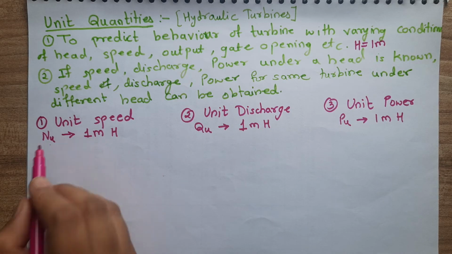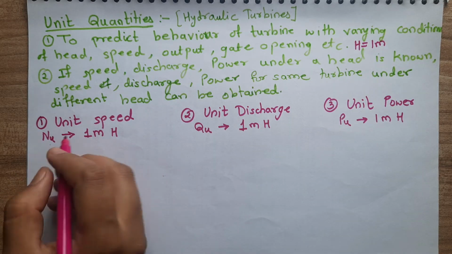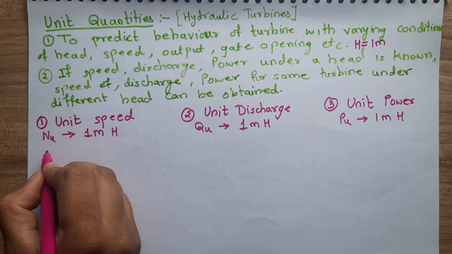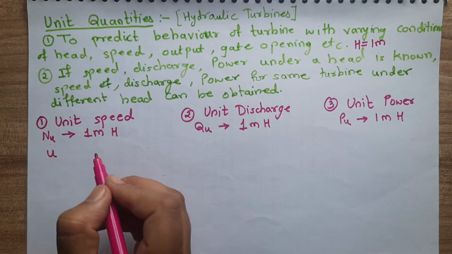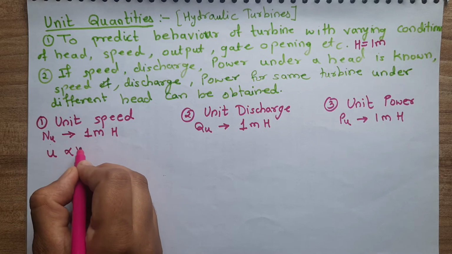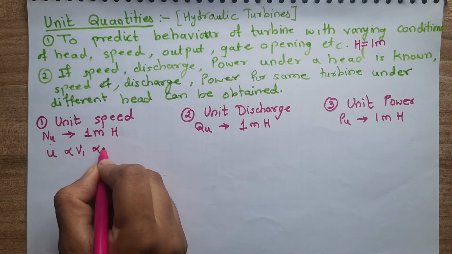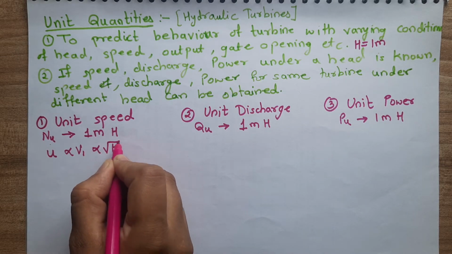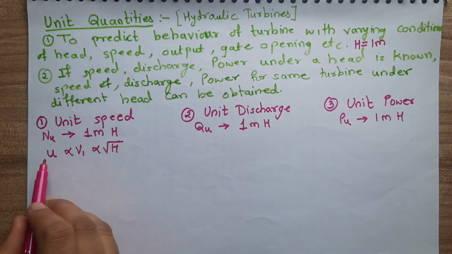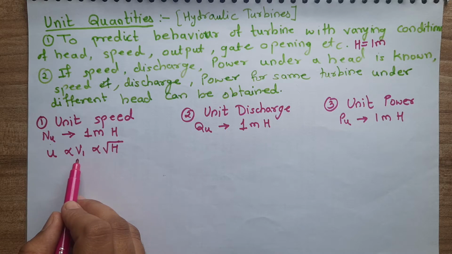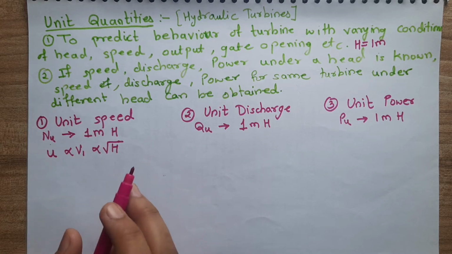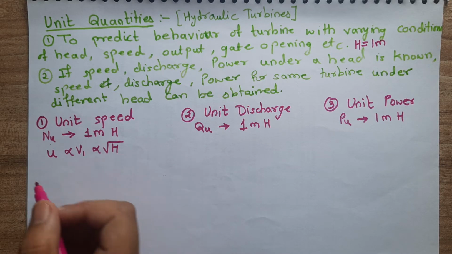To derive the formula for NU, let's see this. We know very well that U is directly proportional to V1 and this V1 is directly proportional to under root of H. U is the velocity of the bucket, V1 is the velocity of the jet and H is the head.